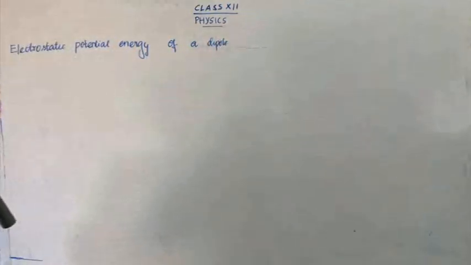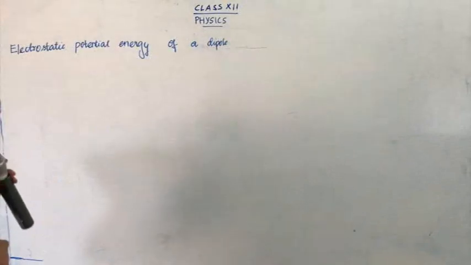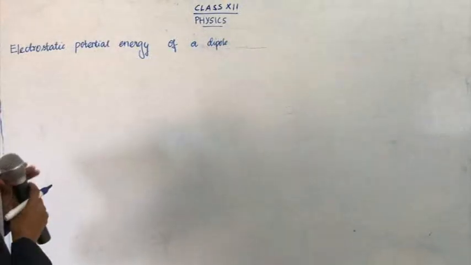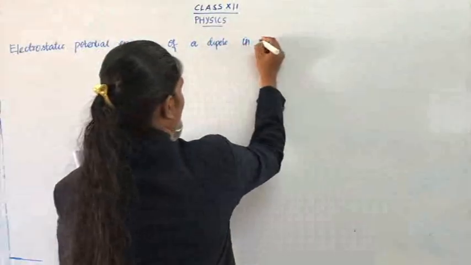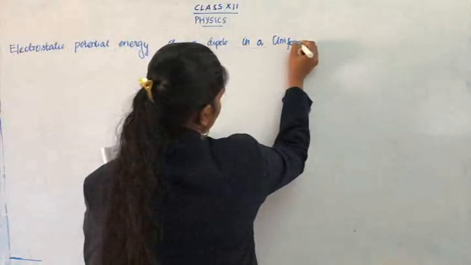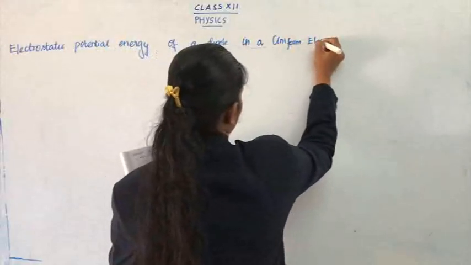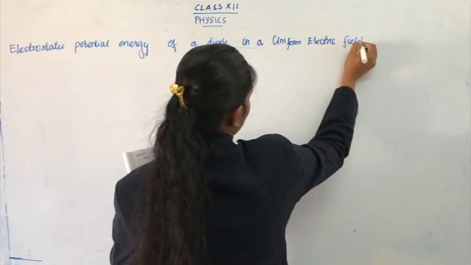Now we are going to see the second derivation. It is based upon torque itself. So write it: electrostatic potential energy of a dipole in a uniform electric field.